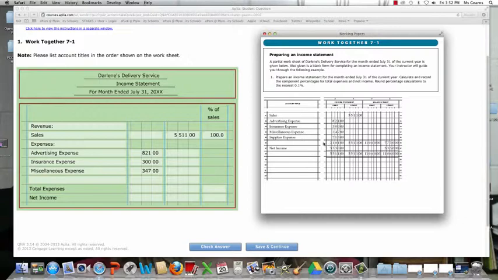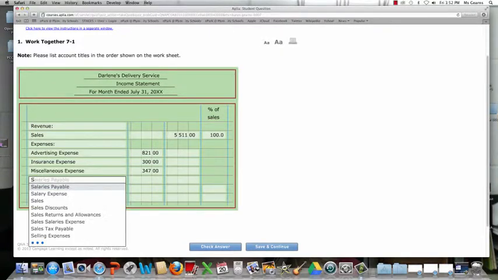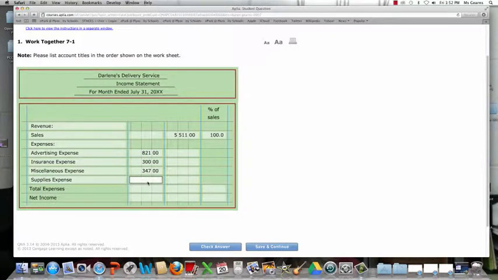And our supplies expense was $713. So now I'm going to total these expenses, and I'm going to put the number right here next to total expenses. So see, the individual items go in this column and the totals go here. Notice it's not debit and credit like our journal or our ledger.